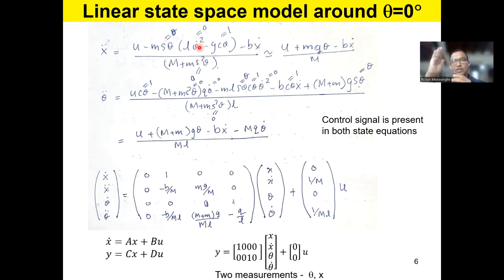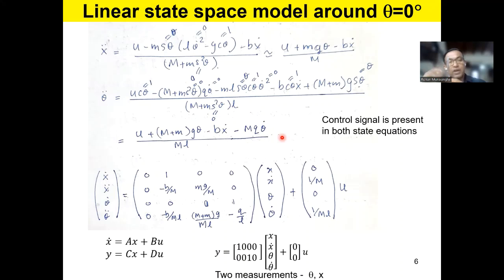If you don't have any initial velocity, theta dot is almost 0, but if you assume a small velocity, the square of that is even smaller. Then you can simplify the x double dot equation into this one. And also the theta double dot equation, which is a nonlinear equation, into this one. Can you see that?